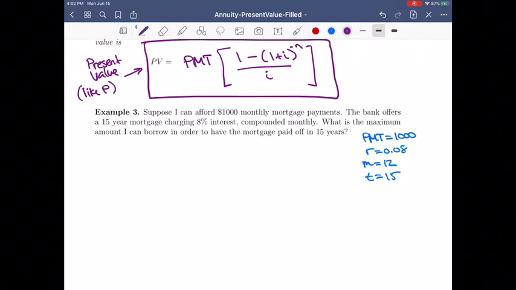If you want, you could start by computing I and N. So I is 0.08 over 12, which is not a nice number, 0.0667, but I rounded here. So it's probably better not to round it, but if you have to, you can. N is going to be 12 times 15, so M times T, which is 180.